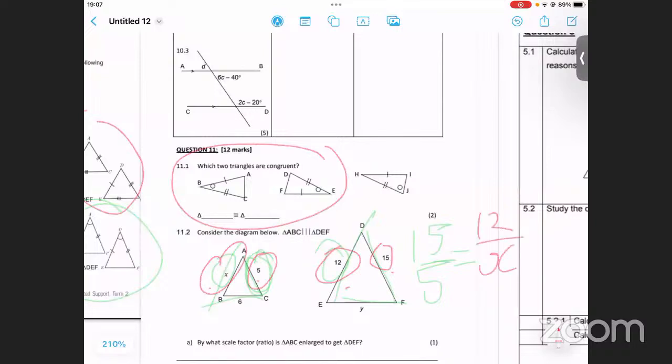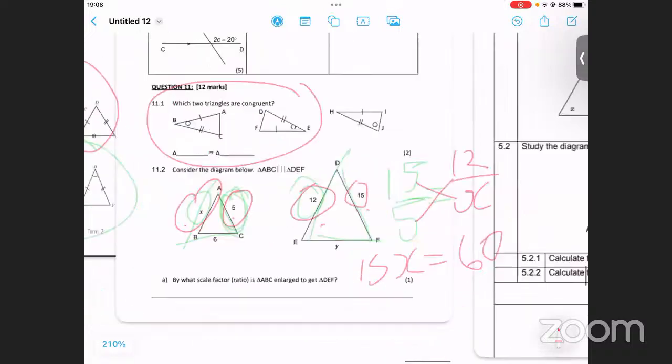So we're going to cross multiply. It's going to be 15 multiplied by x, so 15x equals what is 12 times 5? It's 60.